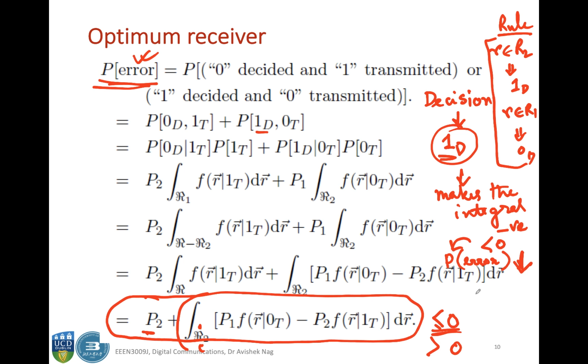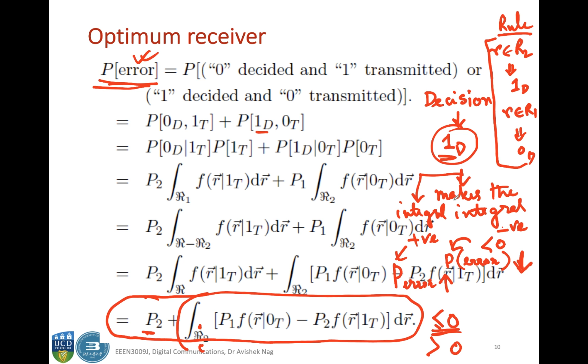But if you are deciding 1 and that is making the integral positive, then this term is increasing. If the integral is positive, then this means your probability of error is increasing.